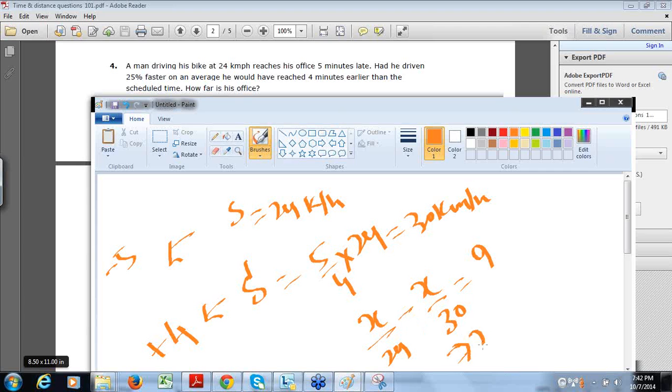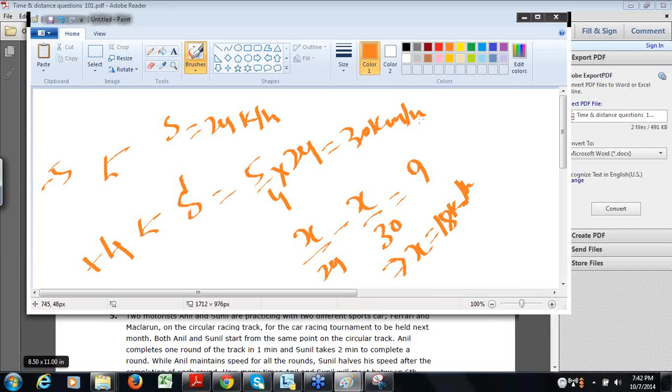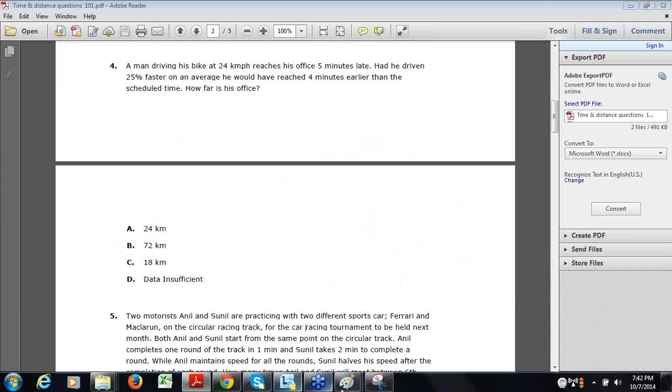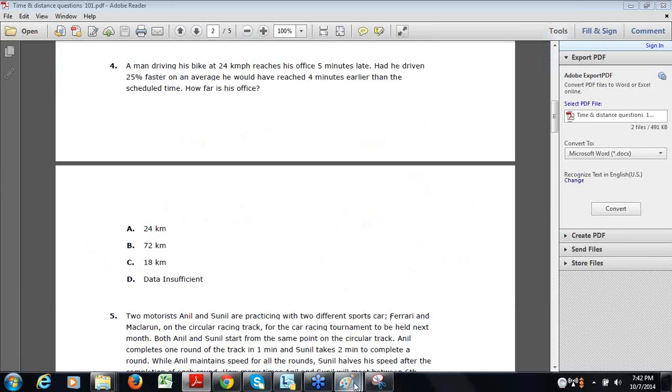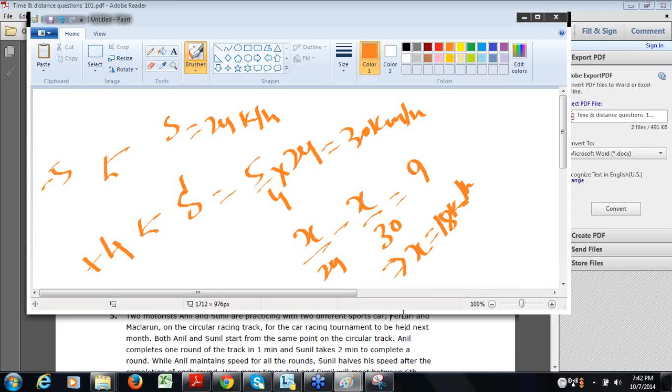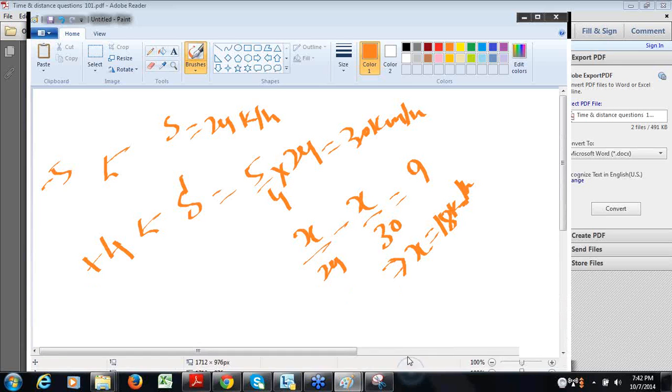Which implies x is equal to 18 kilometers. So we have option number C, 18 kilometers. We'll safely go ahead and mark option C.